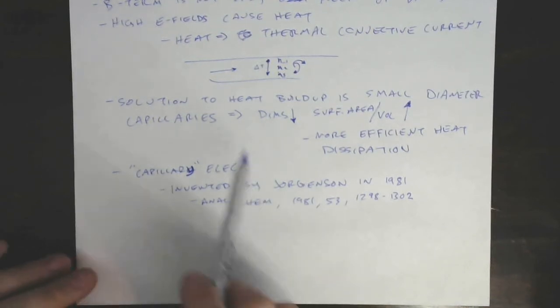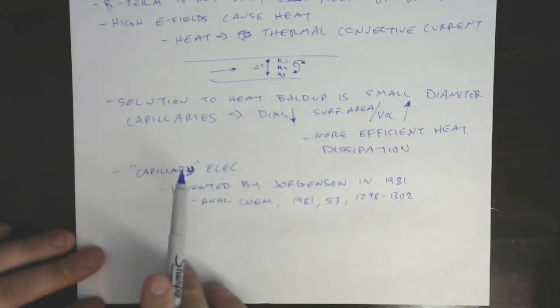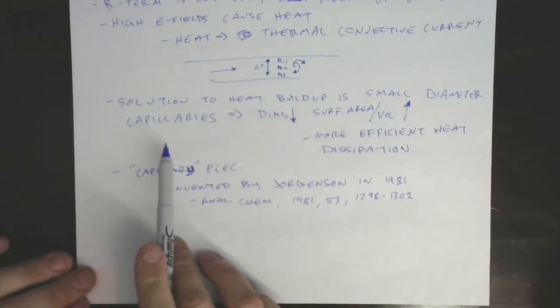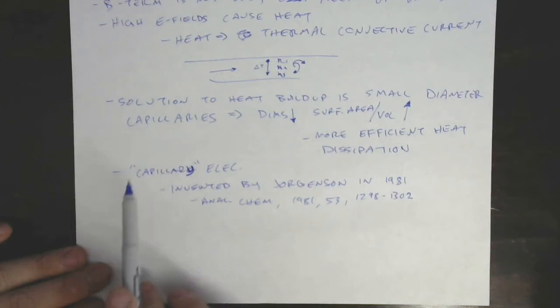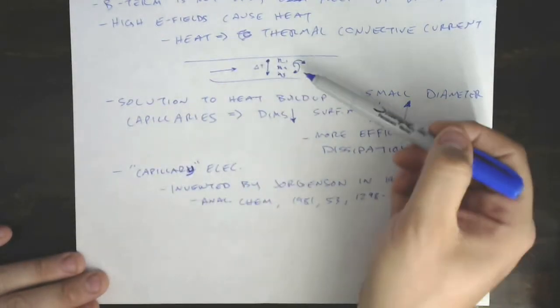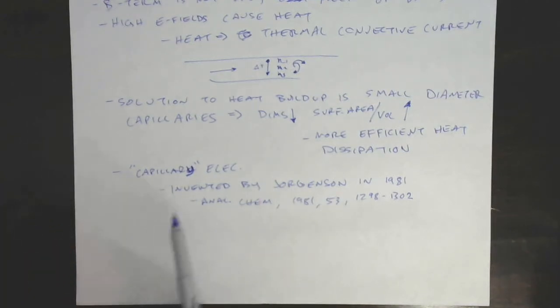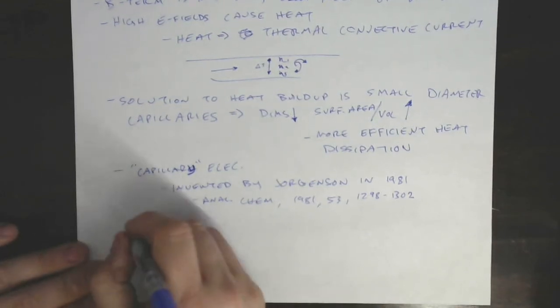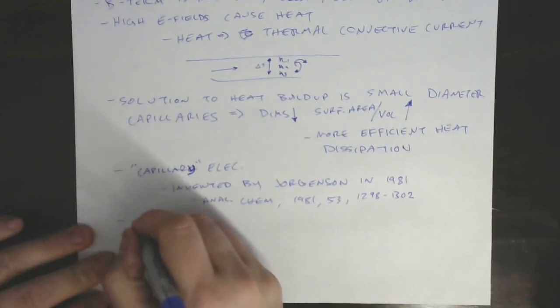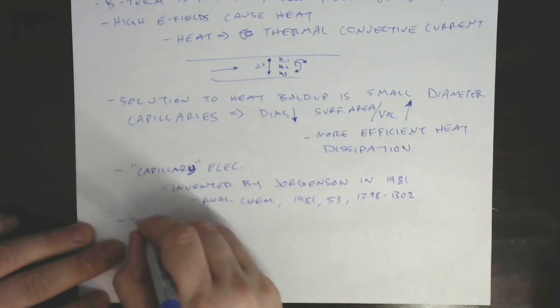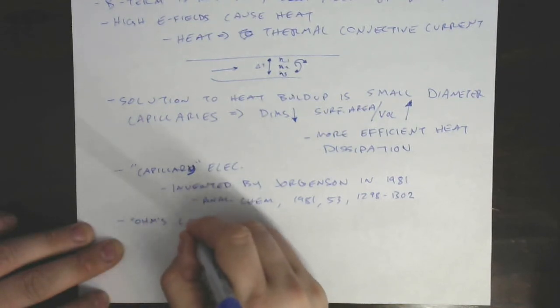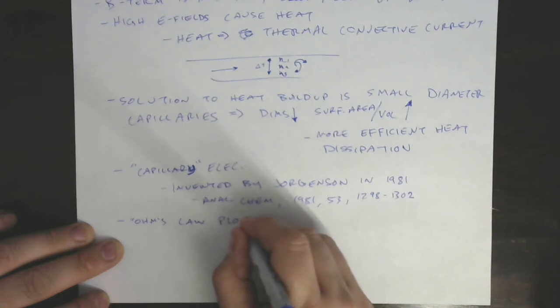So we said that heat is a bad thing. Here's a solution to it. What we need is some kind of tool to be able to tell when heat is becoming a problem, because even with small capillaries, we can't dissipate heat infinitely. There's some point at which we're producing too much heat. And so the solution to this is something called an Ohm's law plot.